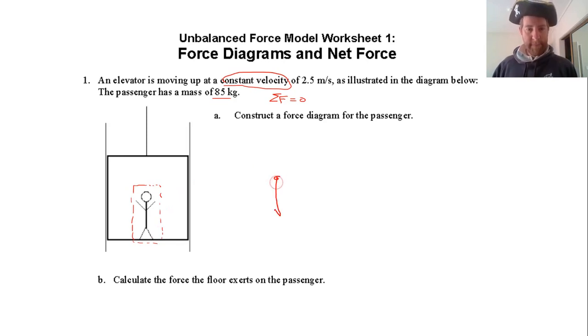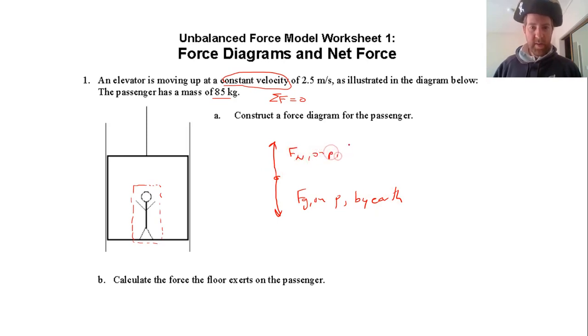So I've got my force of gravity on passenger by Earth, and I've got my normal force on passenger by the floor, and those are the same size because the net force is 0.